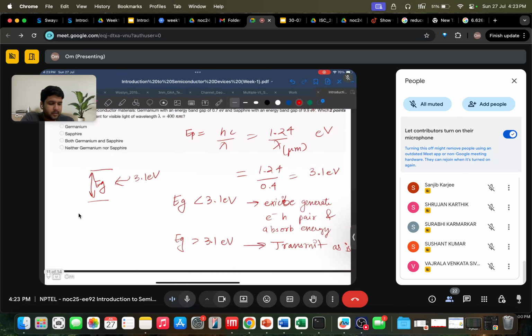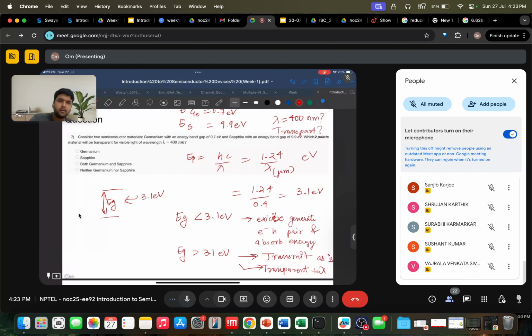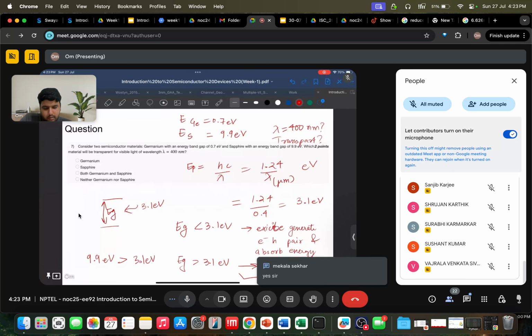And if it transmits, that means the material will be transparent to this wavelength. So it will be sapphire. Why? Because sapphire has 9.9 electron volt, which is greater than the 3.1 of the light.